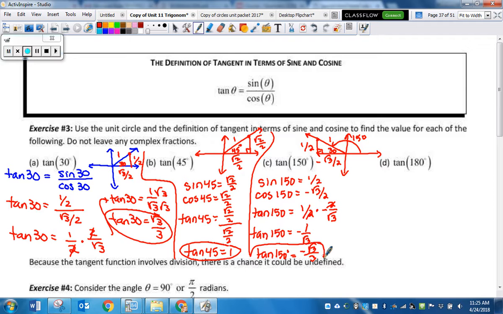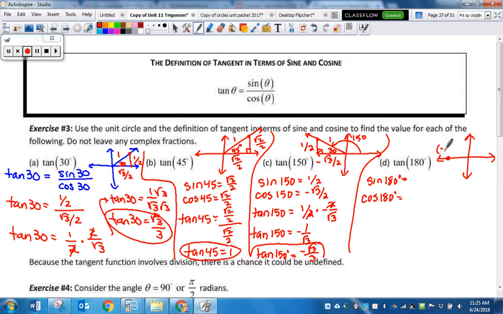Yeah. Okay? All right, tan of 180. What kind of angle is 180? Vocab. Quadrantal. So we're not in a quadrant, which means we don't have triangles, right? So we're sitting at 180 right here, and we want to find sine and cosine of 180 so that we can get to tangent. What's the sine of 180? 0, right?